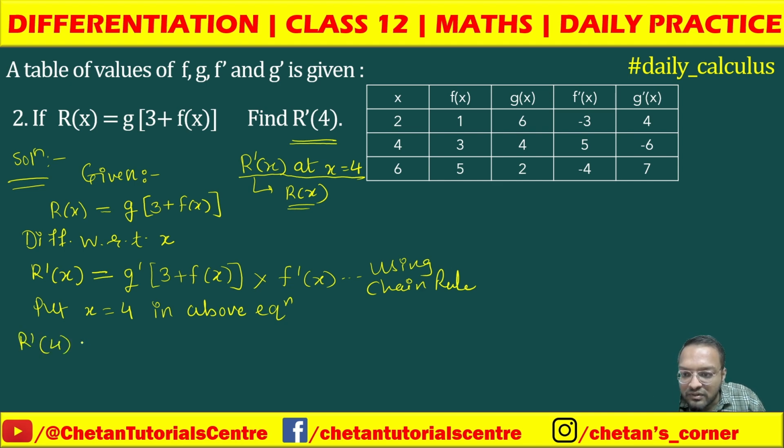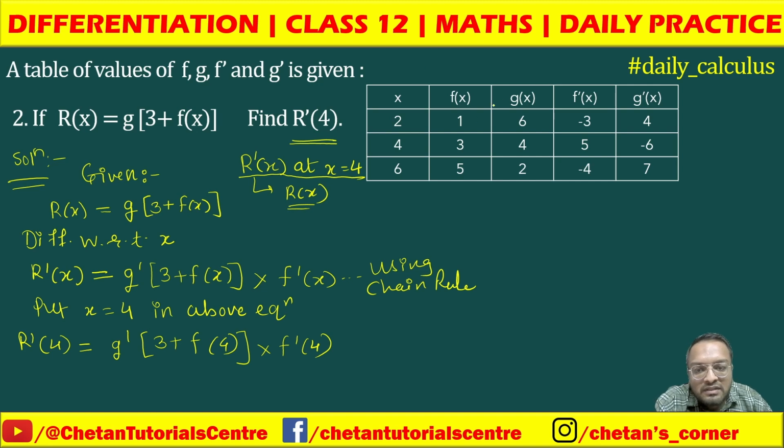R dash of 4 is equal to g dash of 3 plus f of 4. We have to replace this x with 4, so this f dash of x will become f dash of 4. In this way, we have differentiated and substituted the value of x is equal to 4.